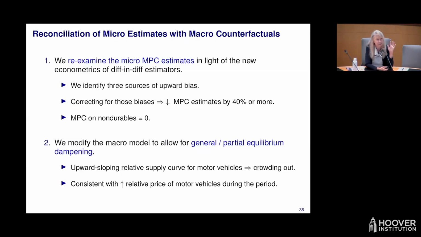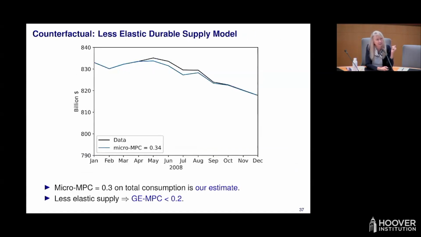So we spent a lot of time on that one. Happy with it, and our model produces that same change in the price. When we do this with this less elastic durable supply, it still has elasticity of 5. All right, so we just went from infinite to 5 here.